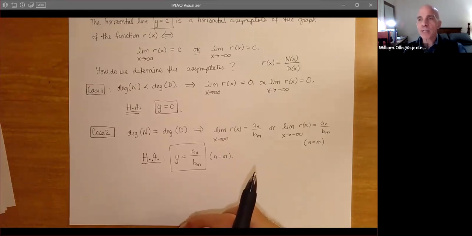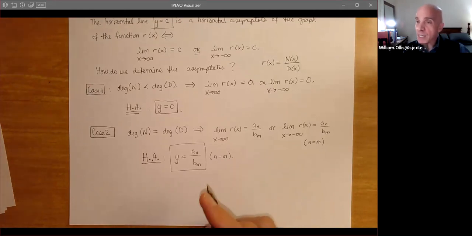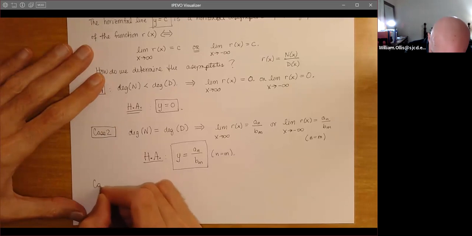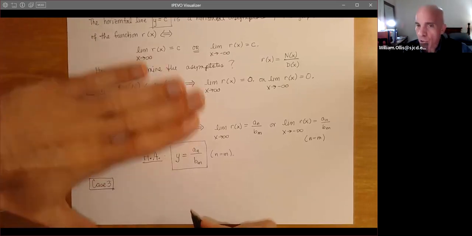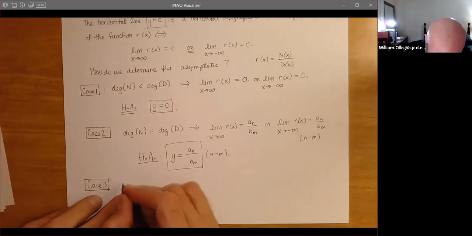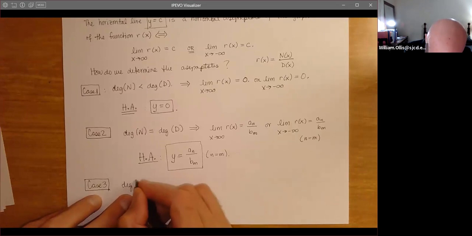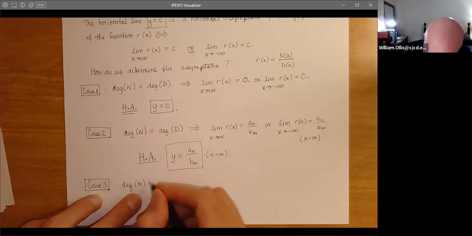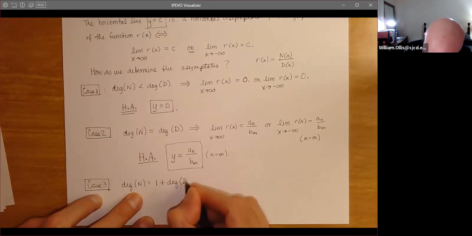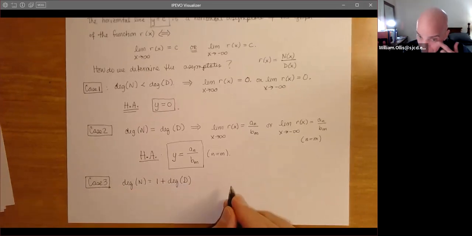But what we're going to do is look at the case where the degree of N is one more than the degree of D. So here's case 3. And this is a special case. We've already done the horizontals. We won't get horizontals for anything else. So we'll say the degree of N is 1 plus the degree of D. Like I said before, one more.